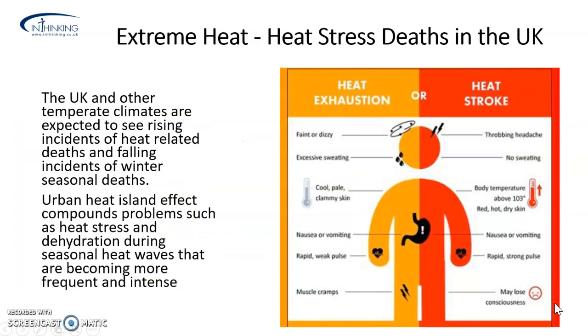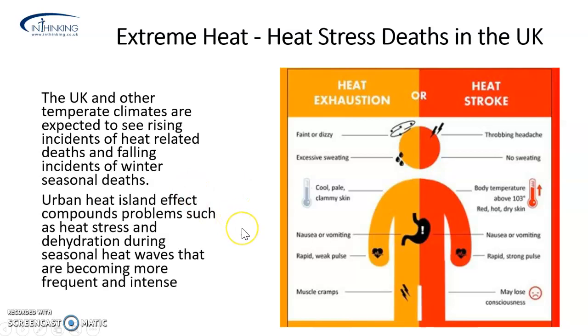Another example of health issues which might be worth reflecting on is extreme heat, in terms of heat stress deaths in the UK. So we've got heat stroke and heat exhaustion compared here in this graphic. But certainly, again, in Western Europe, Northern Europe, temperate climates, we're going to see an increase in heat stress related deaths.